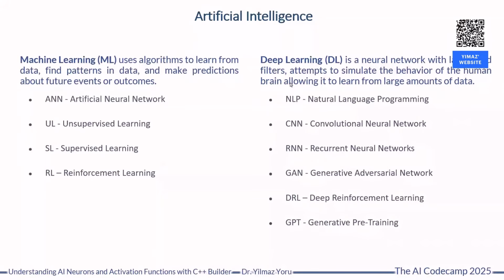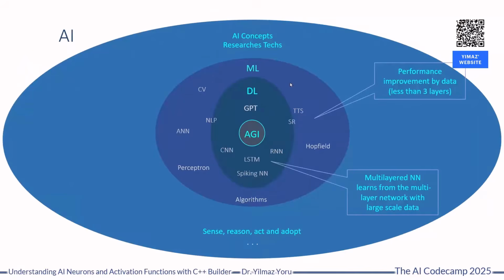Some of the deep learning examples are natural language processing, convolutional neural networks, recurrent neural networks, generative adversarial networks, deep reinforcement learning, and generative pre-training, which is much more popular nowadays. This is the schematic of AI in general. At the center you can see artificial general intelligence, which is the core of AI, and there are other machine learning and deep learning AI technologies.